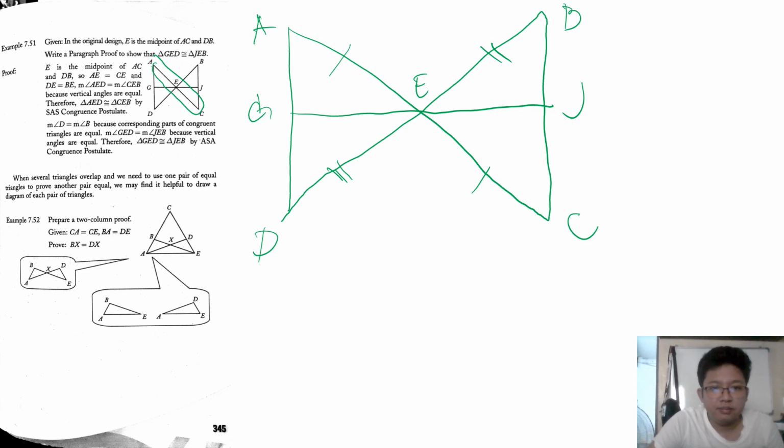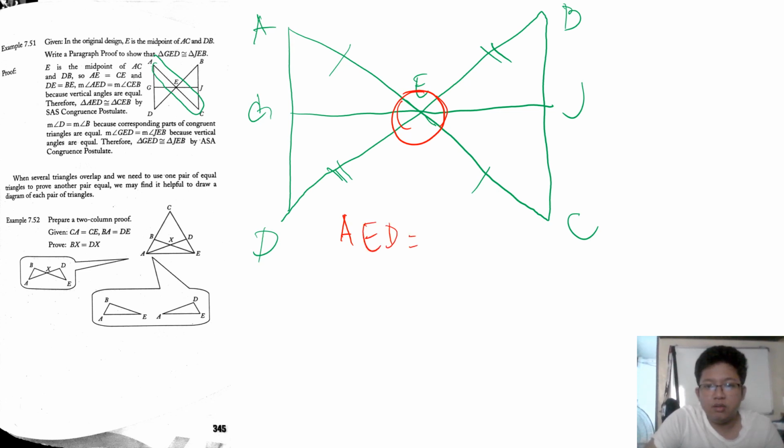Next, because this one forms vertical angles, and we know that vertical angles are equal. Ito yung form natin ng vertical angle. Therefore, kung equal ito, AED is congruent to CEB.